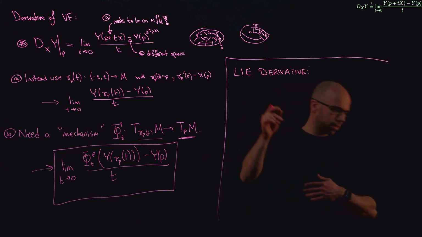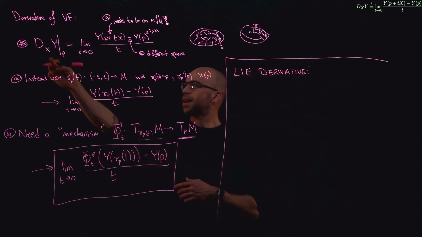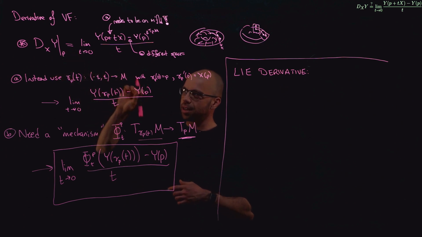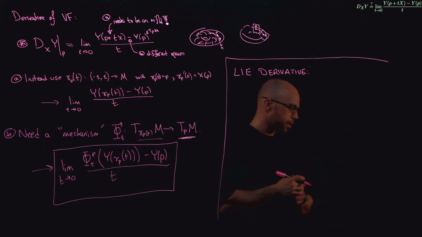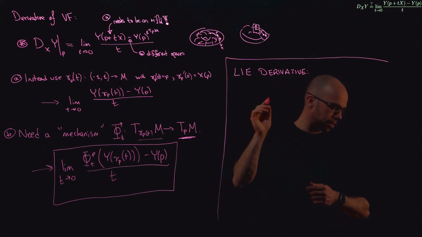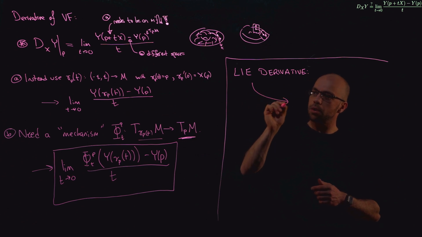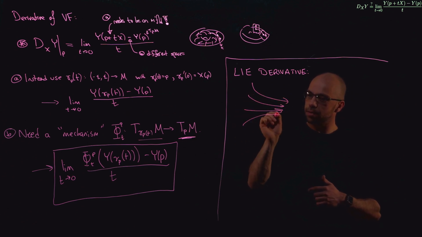So let's say that we think of our vector field x. Remember, this is the thing that's giving us at every point the direction in which we want to differentiate y. Well, we can think of it as maybe having some flow lines, right? So maybe here is one reasonable version of x on the plane, like that.